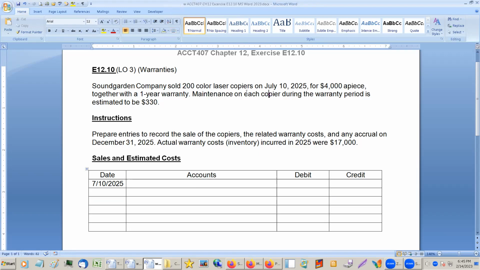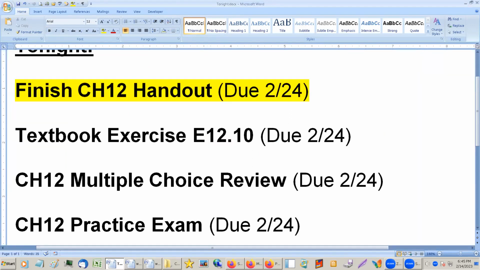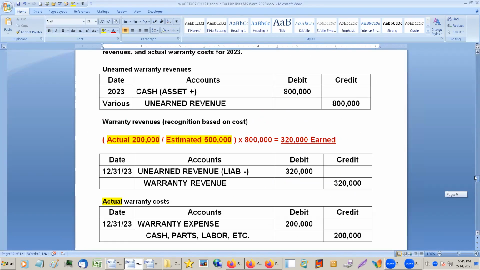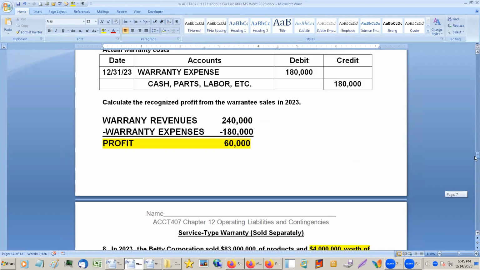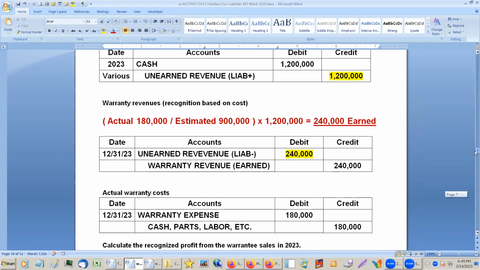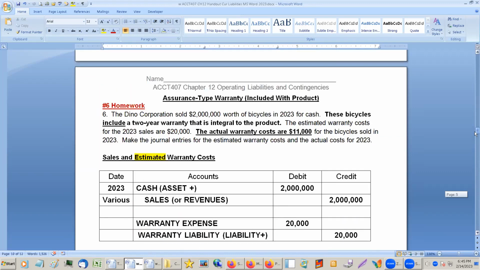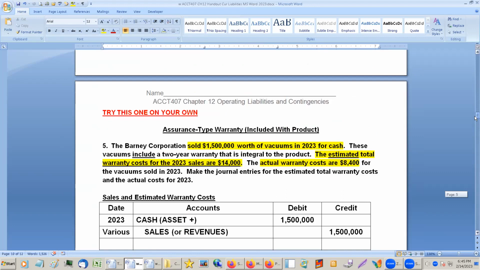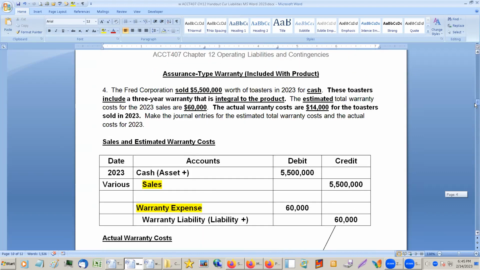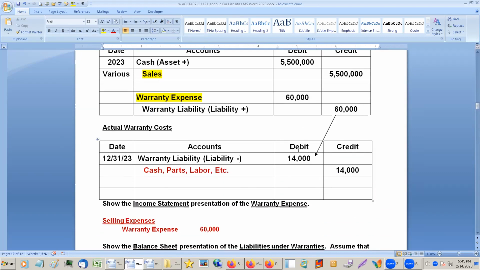Okay, so this is similar to the ones we had earlier. This is where it's integral, like numbers 4, 5, and 6.